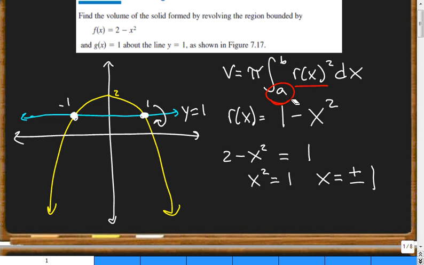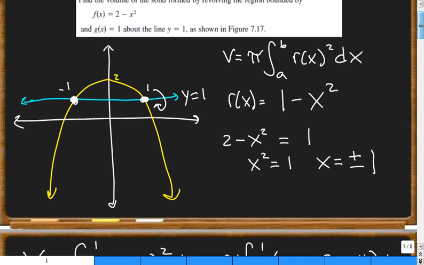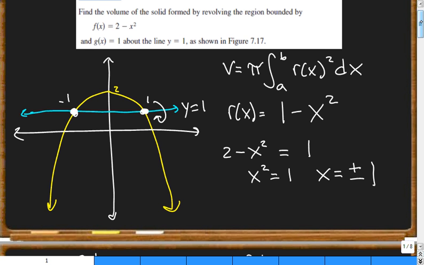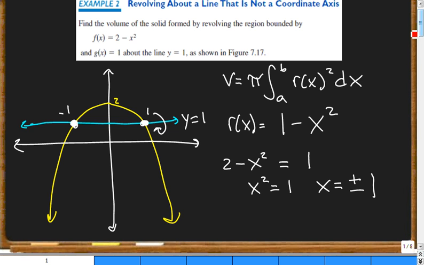If you get those correct, then you should be able to get the correct answer using your technology, and then you can always check your algebra work later. Without those, you will not be able to get the answer correct. So make sure that your first step is getting a good idea of the picture, getting a good idea of what your radius function is going to be, and then also finding the appropriate bounds for your problem.